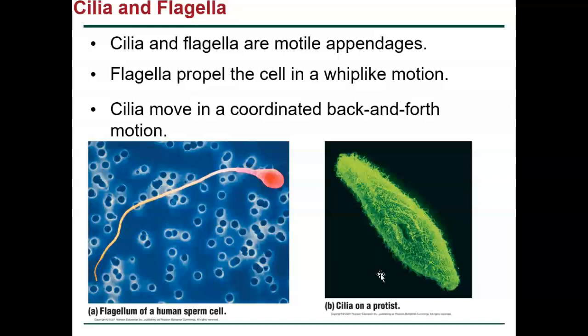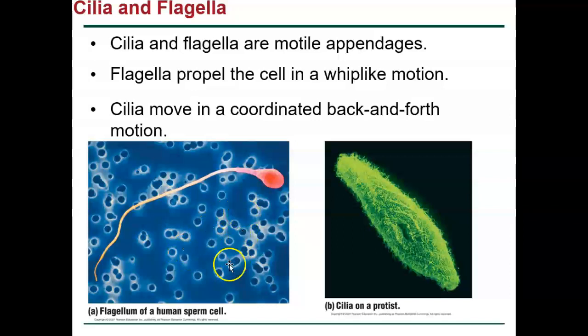Okay, our very last words we've got on the first page. You have to go back and get cilia and flagella. So cilia and flagella are motile appendages. That means like a flagella helps a cell move. You probably saw this in the microscope lab.